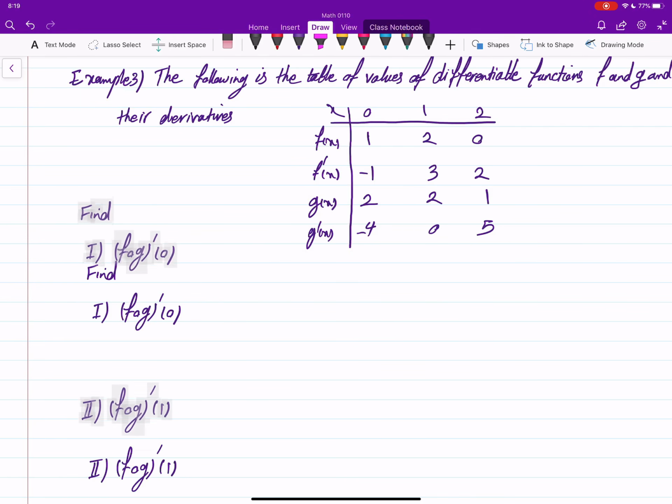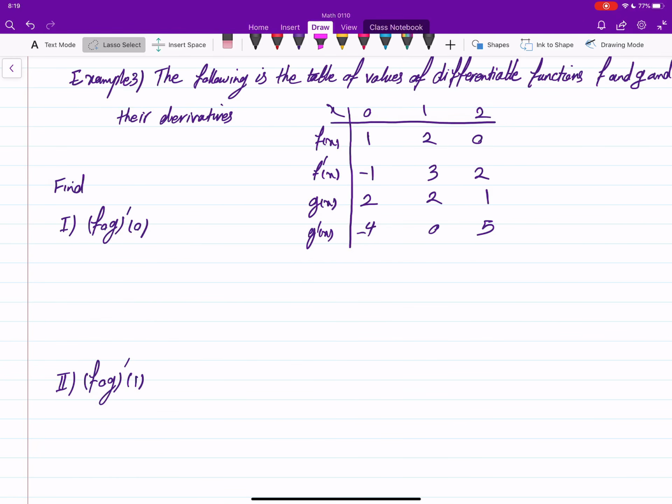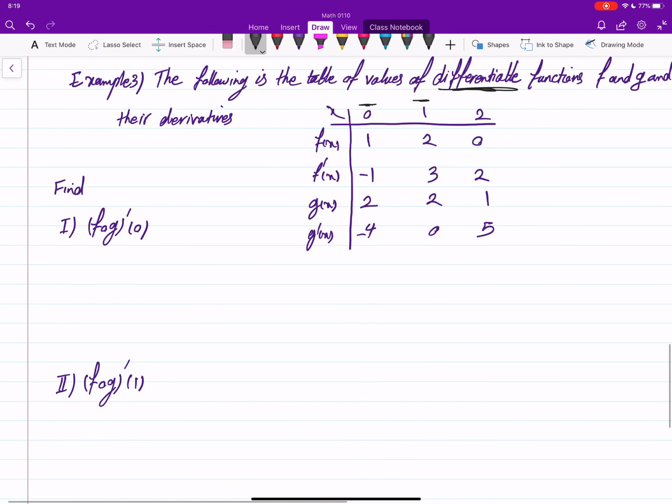Okay, so what we have are two differentiable functions, but I don't know the formulas for these functions. I only know some values of these functions at some points, 0, 1, 2, and we also know the values of their derivatives at those points.